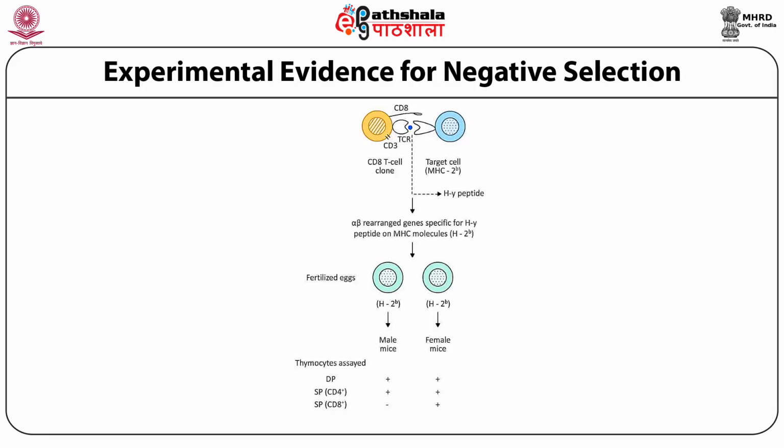Both male and female mice were produced, and on analysis of thymocytes in male and female mice of the same haplotype H2B, it was found that both male and female mice show normal presence of double positive thymocytes and single positive CD4 T cells, but female mice showed the presence of single positive CD8 cells, while male mice lacked CD8 positive cells, which indicates that HY peptide is a self peptide in male.